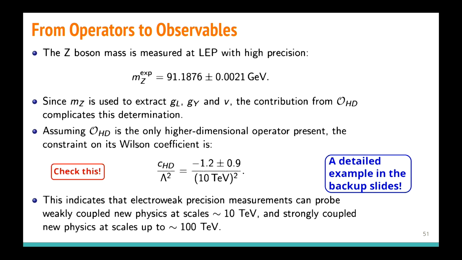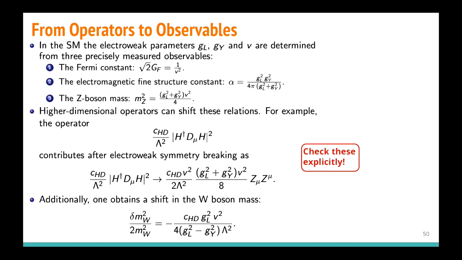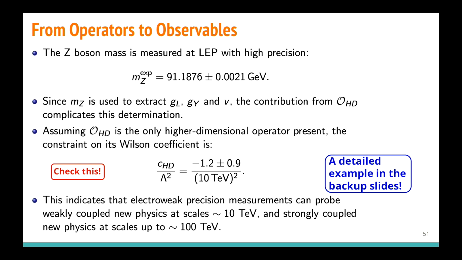That's what we need. The Z boson mass has been measured very precisely, 91.1876 GeV with a very small error bar. As the Z mass is used to extract these couplings g_L, g_Y and v, the contribution from this operator O_HD complicates this determination, because previously we were trying to determine three parameters from this mass.